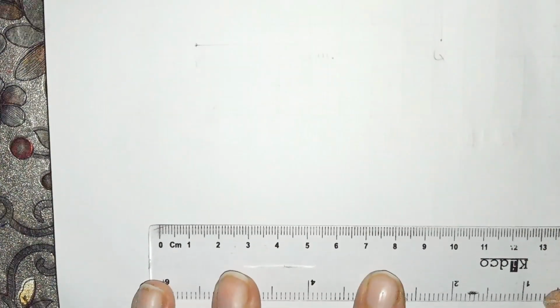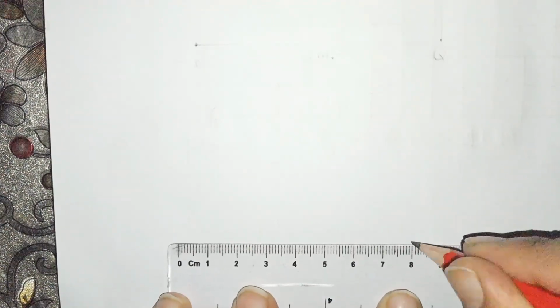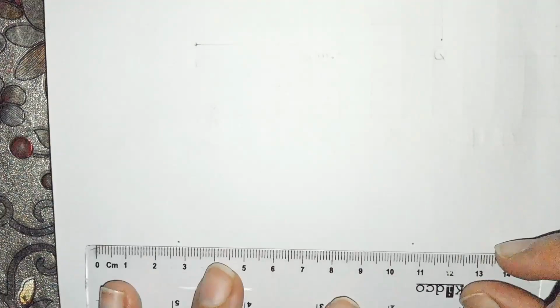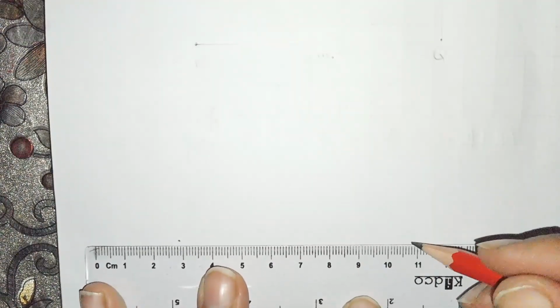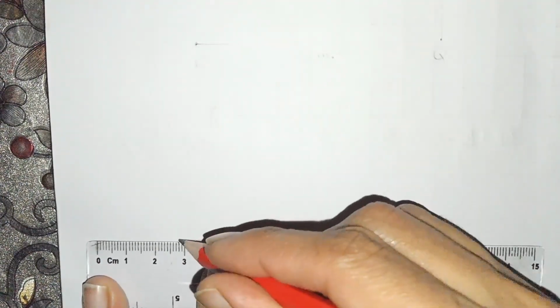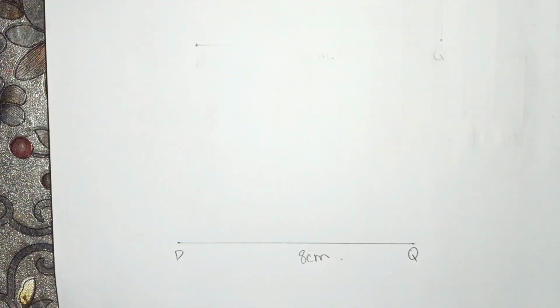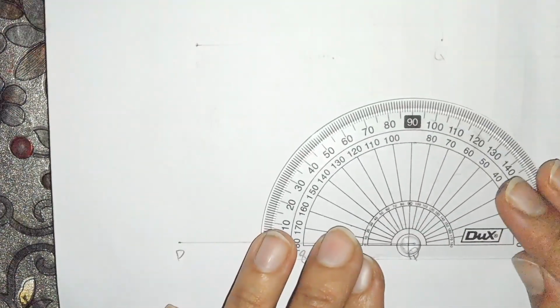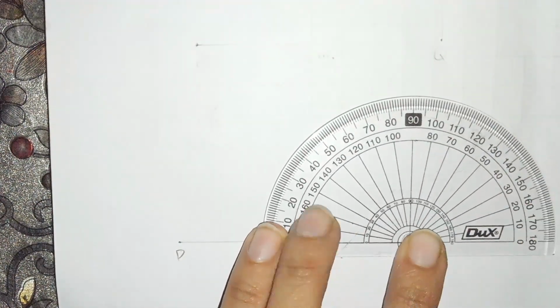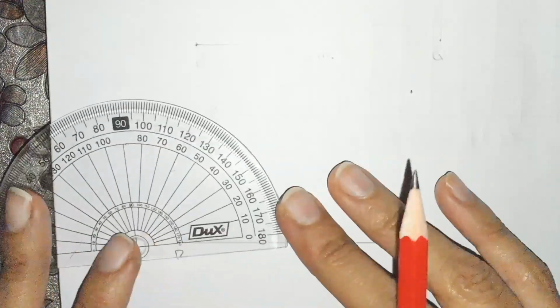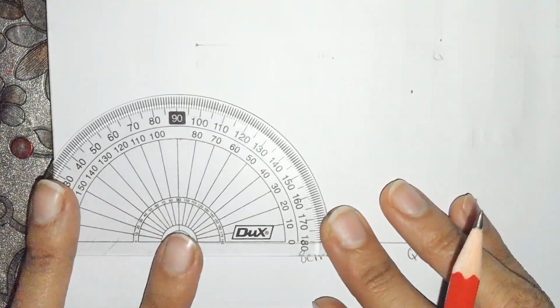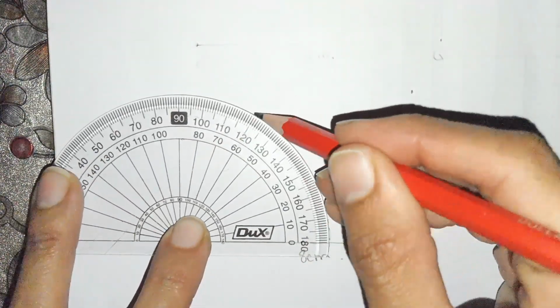This is 8 centimeter. PQ is 8 centimeter, and at point Q mark the angle of 90 degree, and at point P mark the angle of 60 degree.